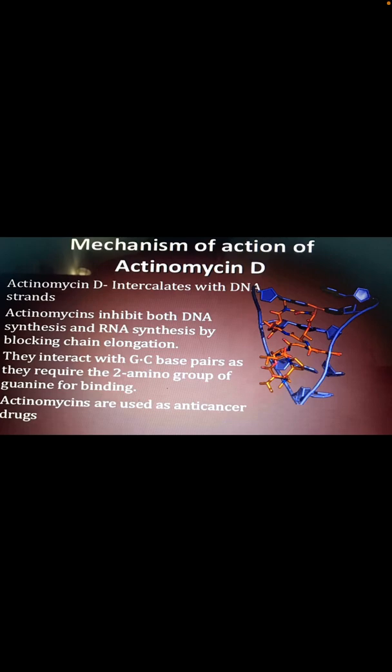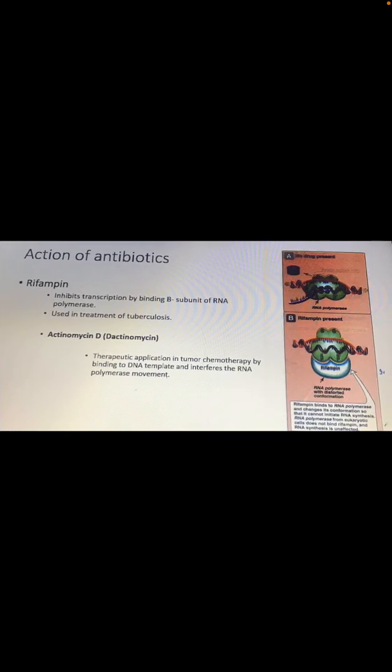At the end, we are going to discuss the different types of action of antibiotics on the polymerases. Rifampin inhibits the transcription by binding to the beta subunit of the RNA polymerase and is used in the treatment of tuberculosis. This is very important from the examination point of view.